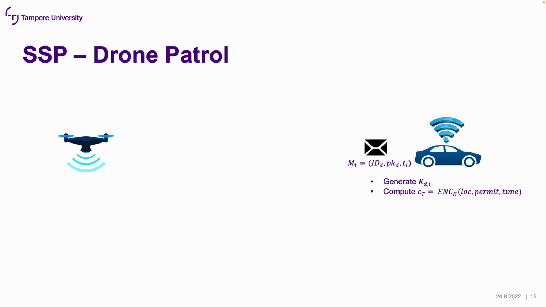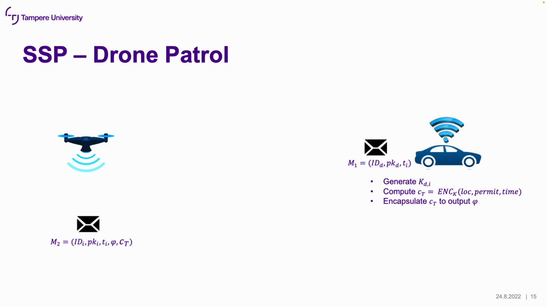The IoT device computes a ciphertext, which is basically an encryption with the generated key of, let's say, the location, permit, and time, and then it encapsulates the key to output the encapsulation variable. Now, when this is done, the IoT device sends M2, which basically contains its identity, its public key, the time constraint, the encapsulation parameter, and then the ciphertext.